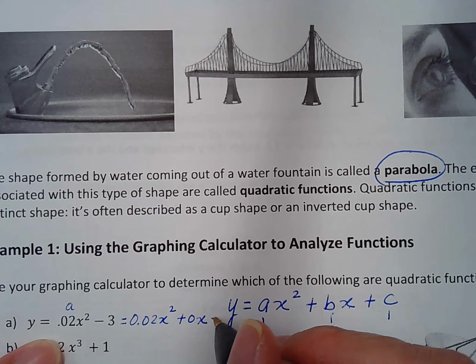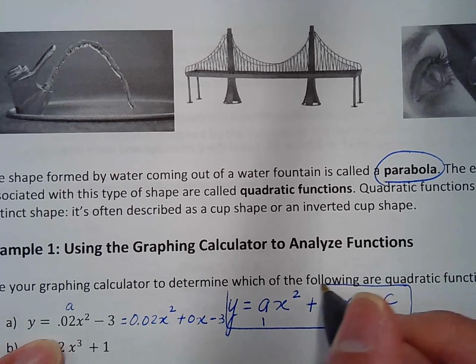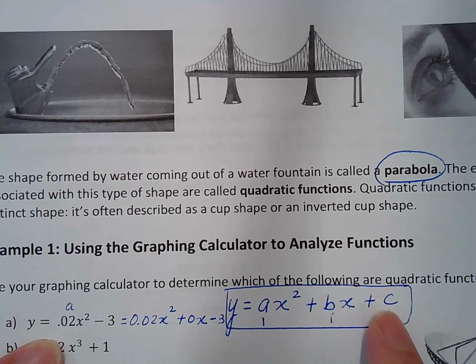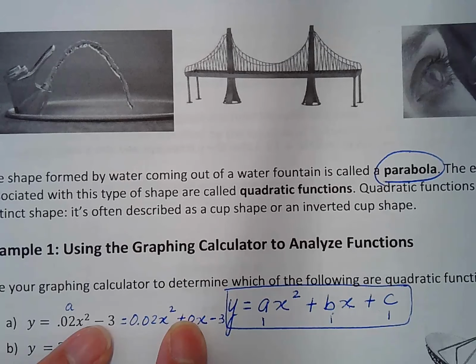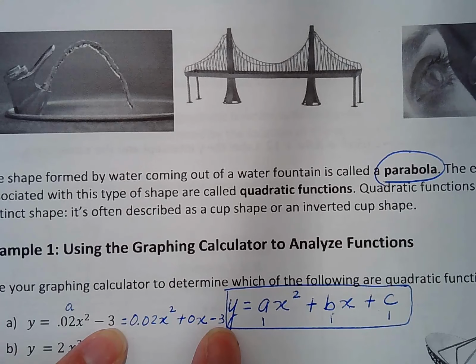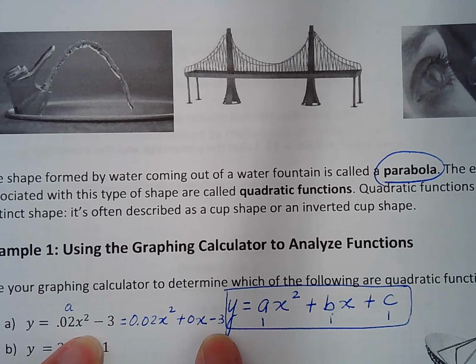Minus 3. So the A value is 0.02. The B, because we don't see it here, must be 0, so 0x. And then the C is -3. Does that look like a quadratic function to us now? Yeah.